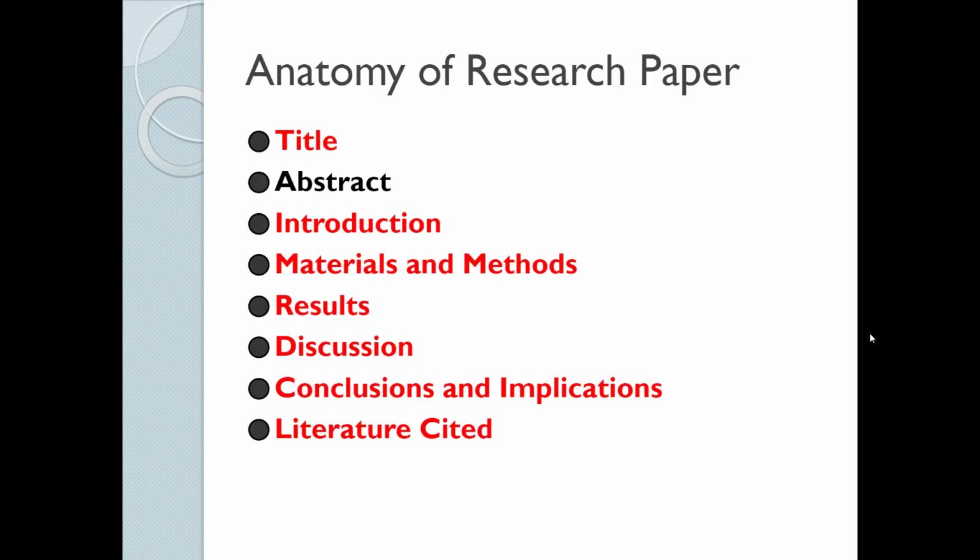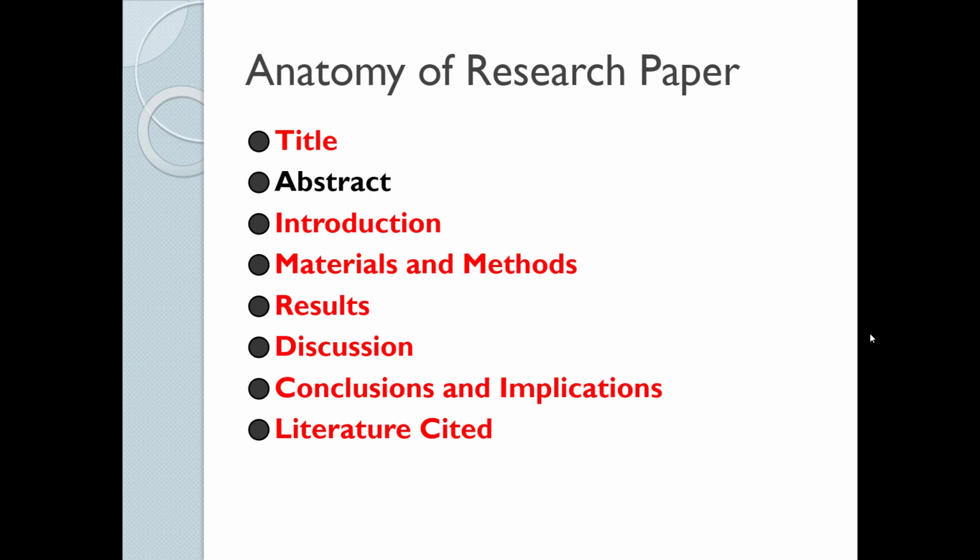All right, so as we look at the anatomy of a research paper, in this lecture we're going to spend most of our time talking about the title, the introduction, materials and methods, results and discussion, conclusions or implications, and literature cited. We're going to save the talk about the abstract for the very end of class, because that's really a summary, and you have to generate all this other information first before you could even write an abstract.